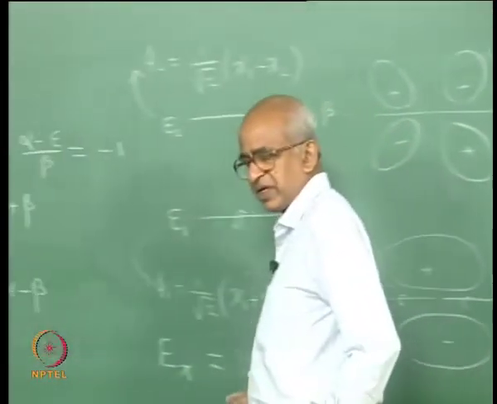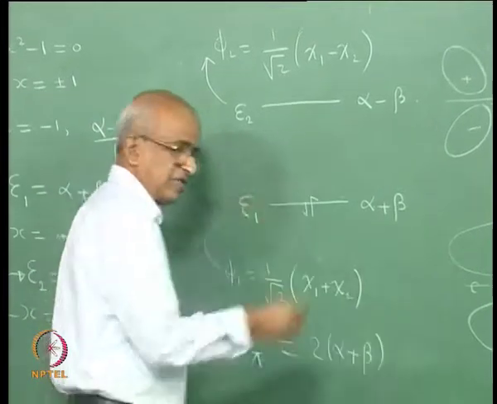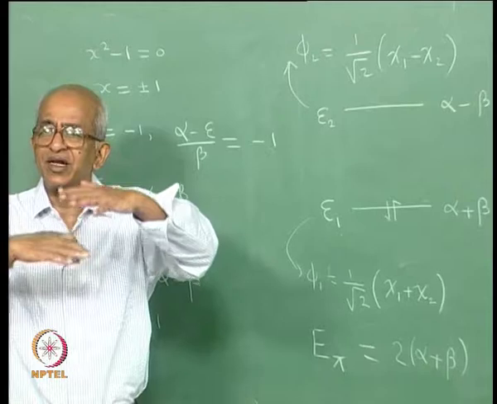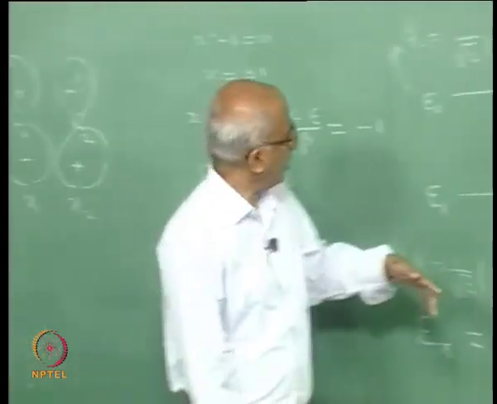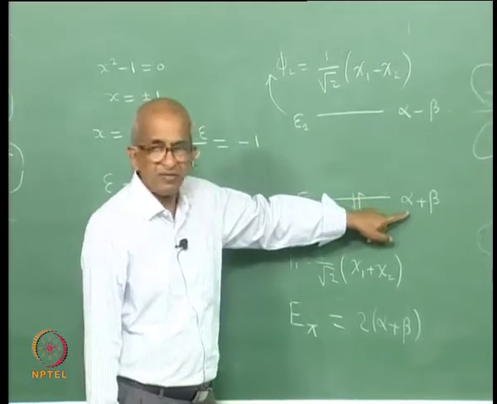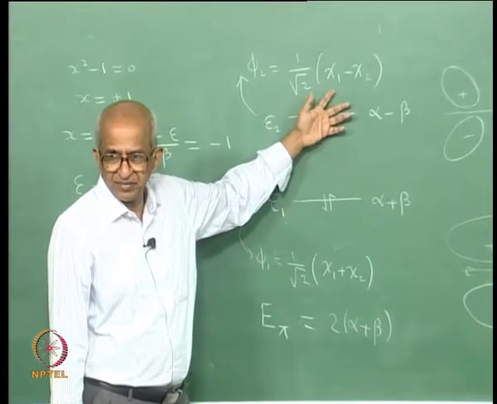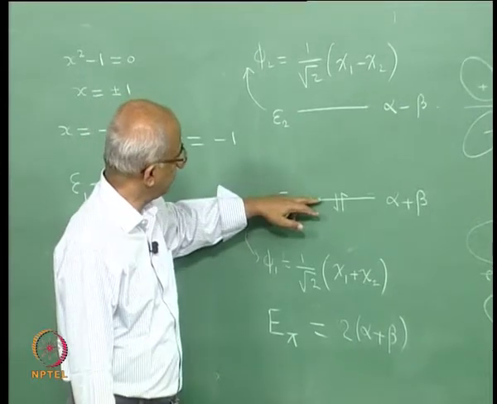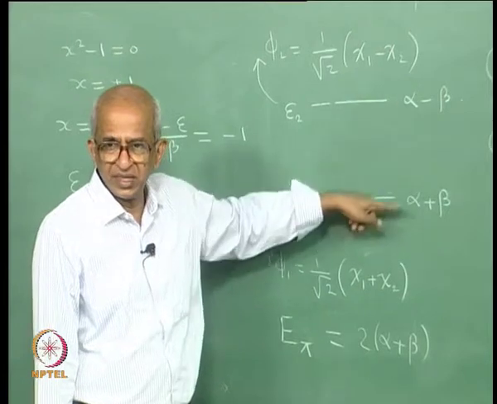And in most applications, the value of alpha itself is not needed, because usually you will calculate energy differences and compare with the experiment. So, if you calculate the energy difference between this and that, you will find that it does not involve alpha. Energy difference actually is minus 2 beta, right. And suppose you can spectroscopically measure the frequency of the radiation which will bring about this transition, then you can estimate the value of beta.